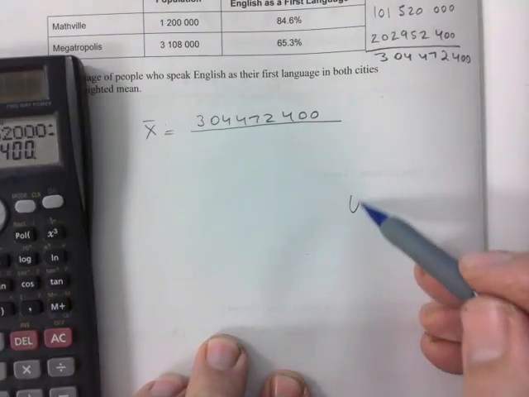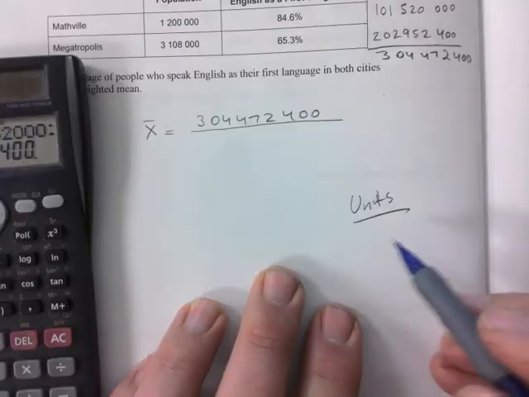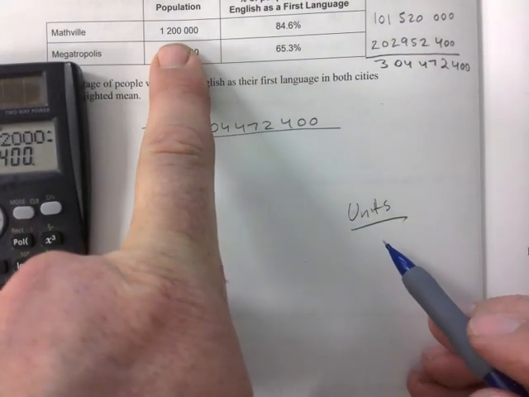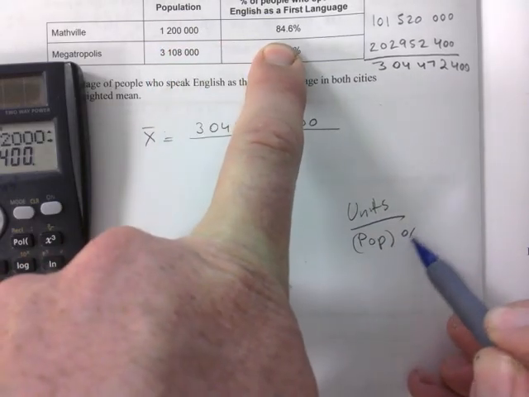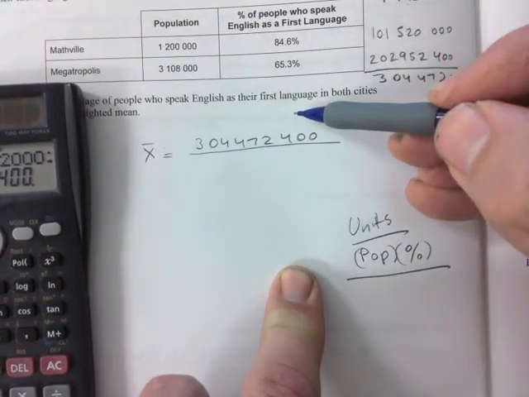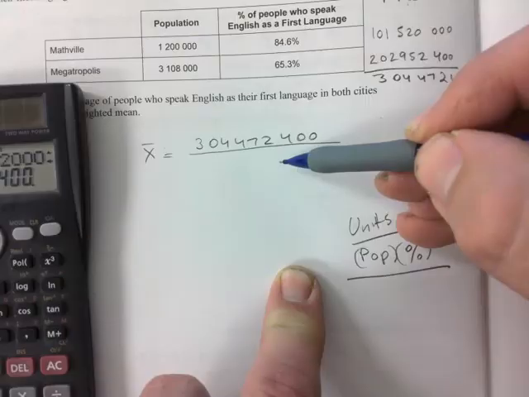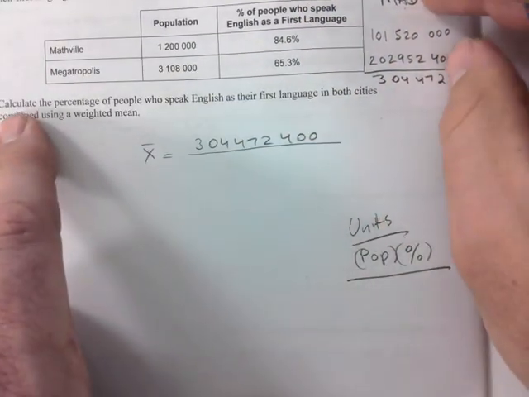So I'm going to do the unit analysis here. This is where it comes down to: what have you been multiplying this whole time? We were population times percentages, right? Now you need to figure out whether you add this and divide or add that and divide. So what is it asking for?